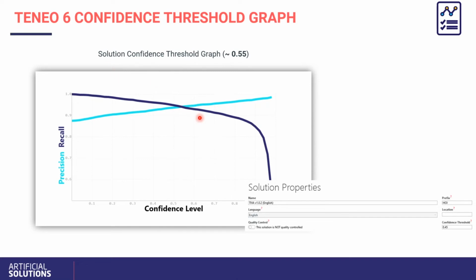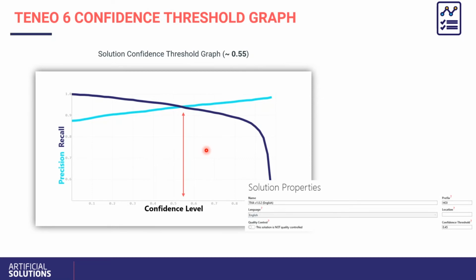If you recall from your current implementations, your solutions will have a confidence threshold, which per default is 45. But it could be that when you run this solution performance evaluation, it comes out saying that actually you should consider setting your solution confidence threshold to 55 instead, because that's where the precision and the recall meet.